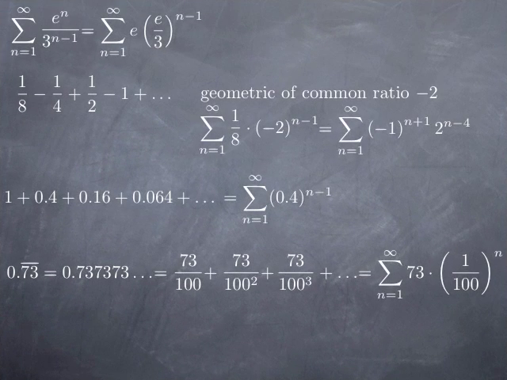So let's go back to the examples of geometric series that we have seen before. The first one was a geometric series with first term e and common ratio e over 3. E, the Euler number, as you know, is about 2.71. So it is in particular less than 3, which means that e over 3 is a positive number less than 1.